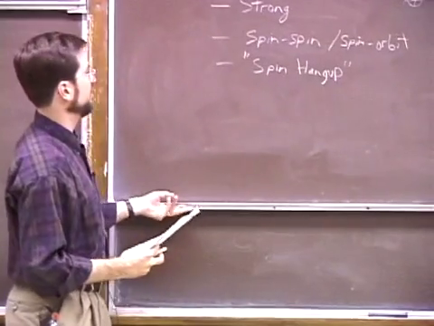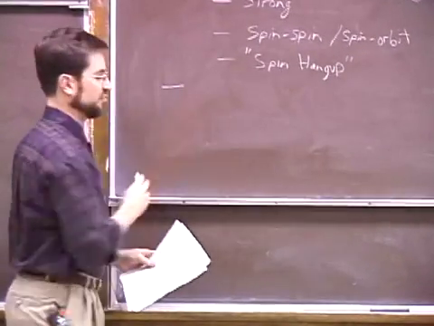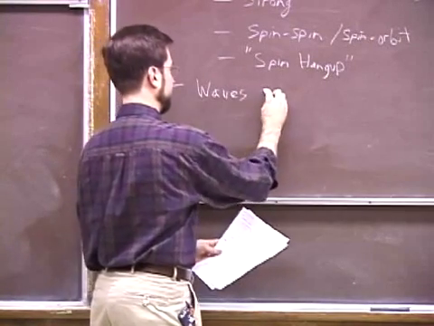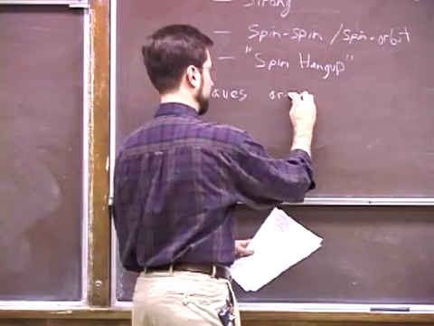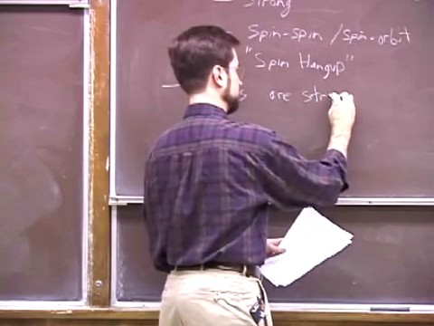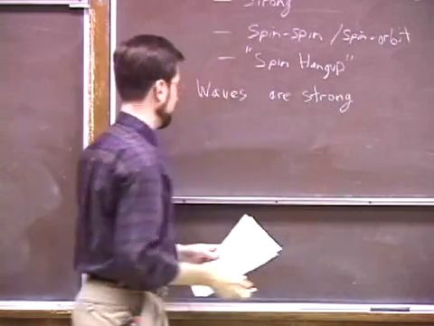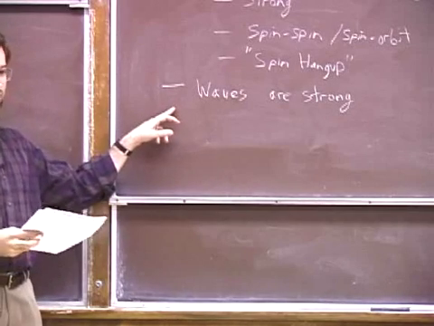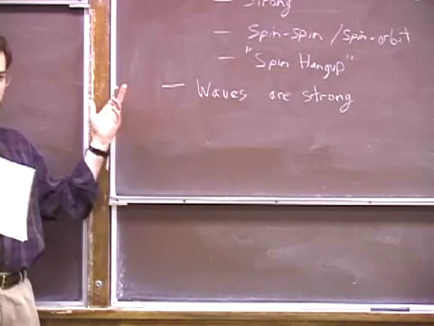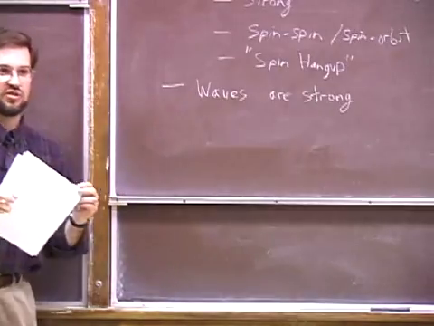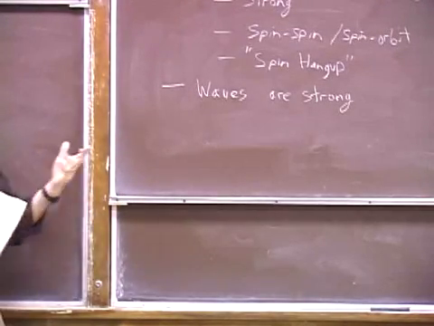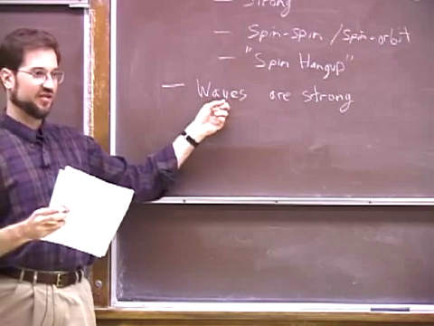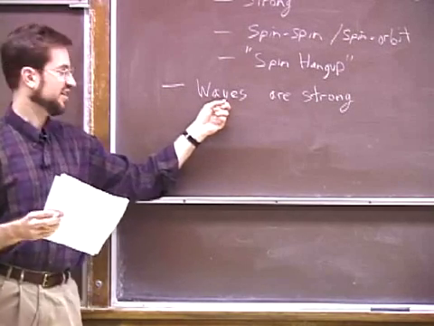Another thing to note about the merger waves is that they are going to be very strong, for two reasons. One reason is that you're in a more nonlinear regime of gravity, where velocities are closer to the speed of light and masses are closer to the radii.